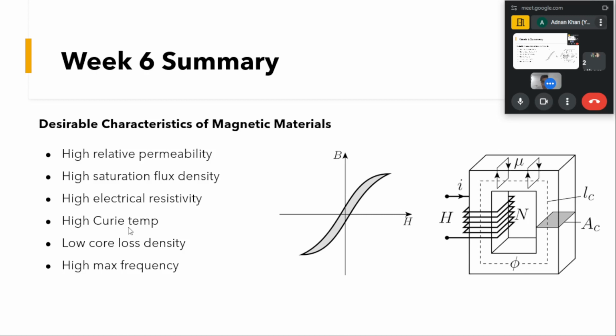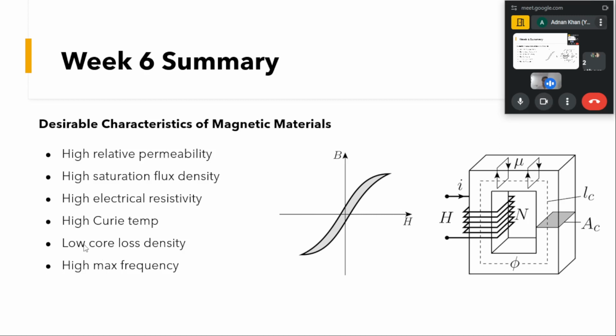If the Curie temperature is very high, then even if we have a temperature rise in our core because of the losses inside the core, hysteresis or eddy current losses, it will still be able to behave and have the magnetic properties as we want.